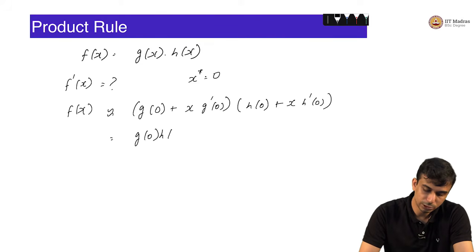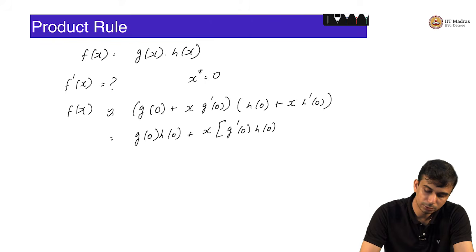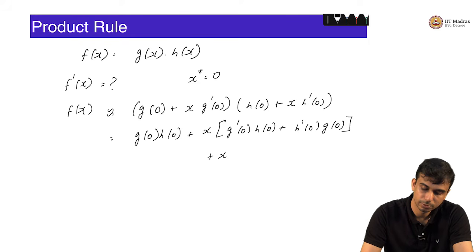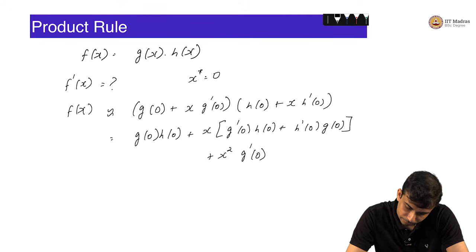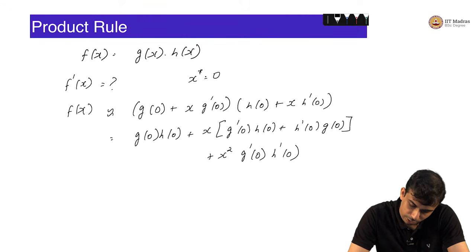This is equal to g of 0 into h of 0 plus x into g dash of 0 h of 0 plus h dash of 0 g of 0, plus x squared times g dash of 0 h dash of 0.